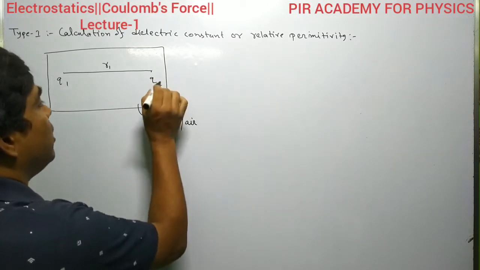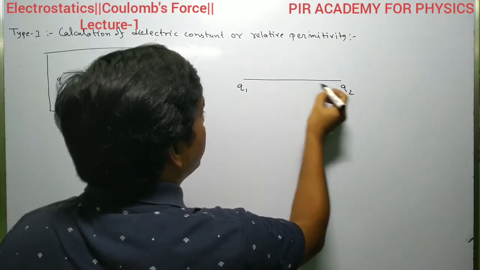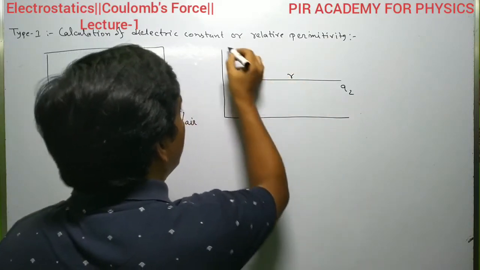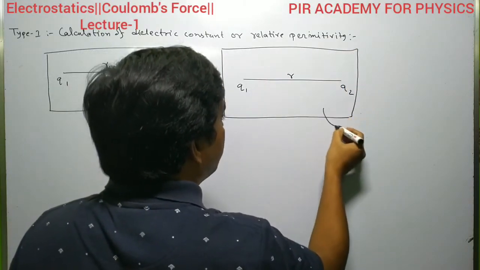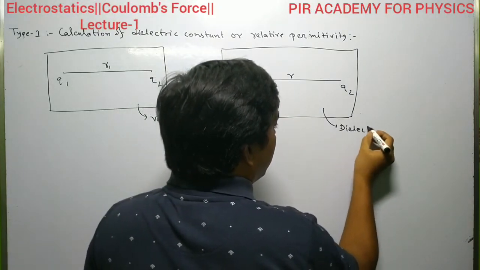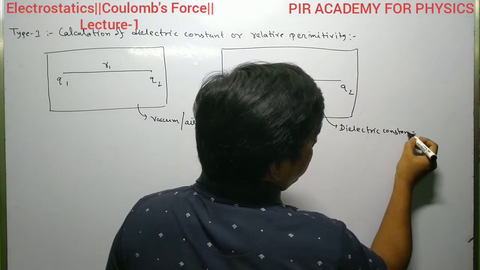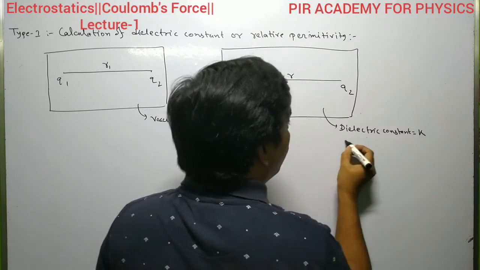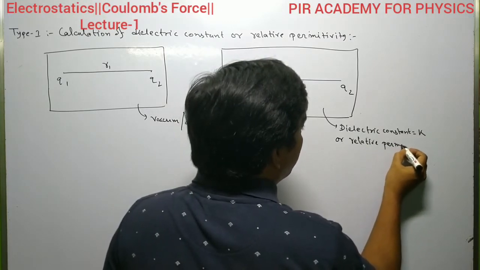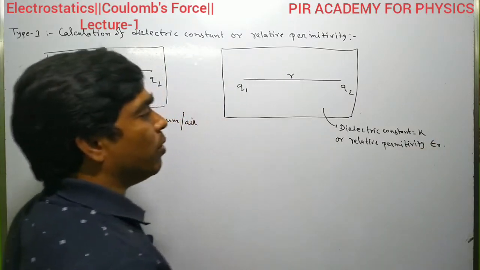And if the same charges at the same distance are placed in a medium where the dielectric constant is K or relative permittivity is epsilon r, both are equal.